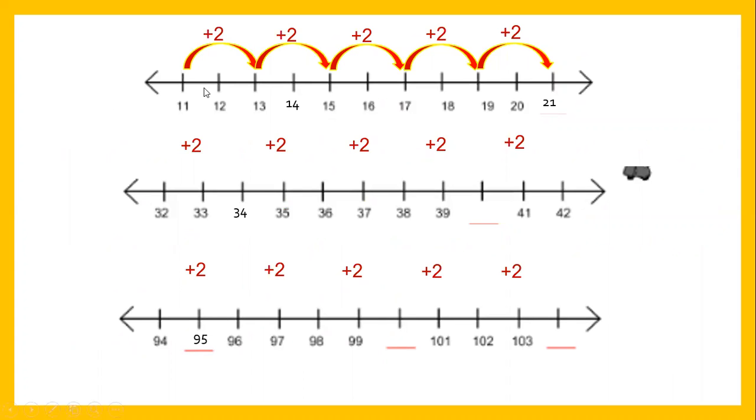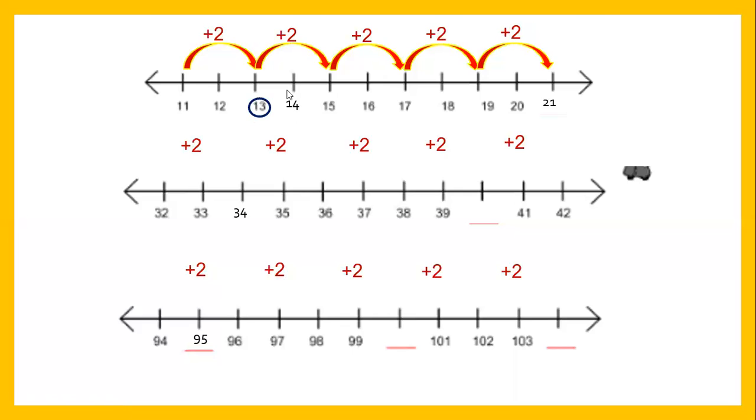For example, class, counting by two, if we start from number 11 and I ask you how to count by twos, you just count 1, 2. So the number is 13. If we start at 11, you need to count by 2, or plus 2. For example, 13 plus 2 is equal to 15.